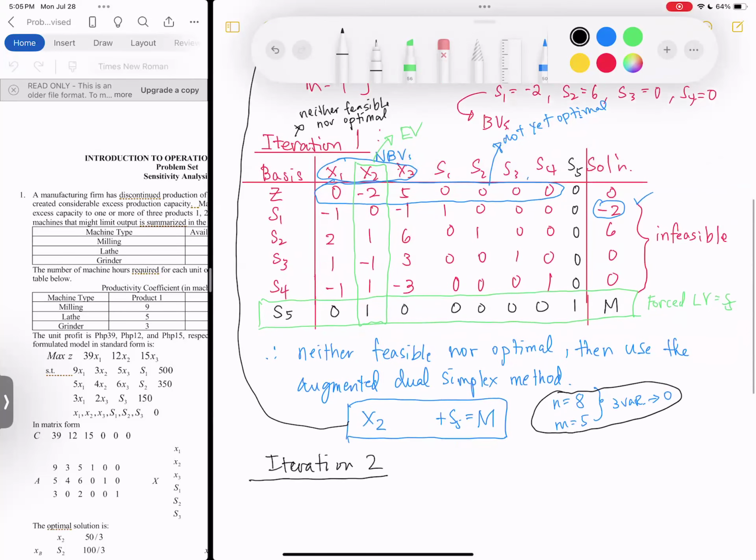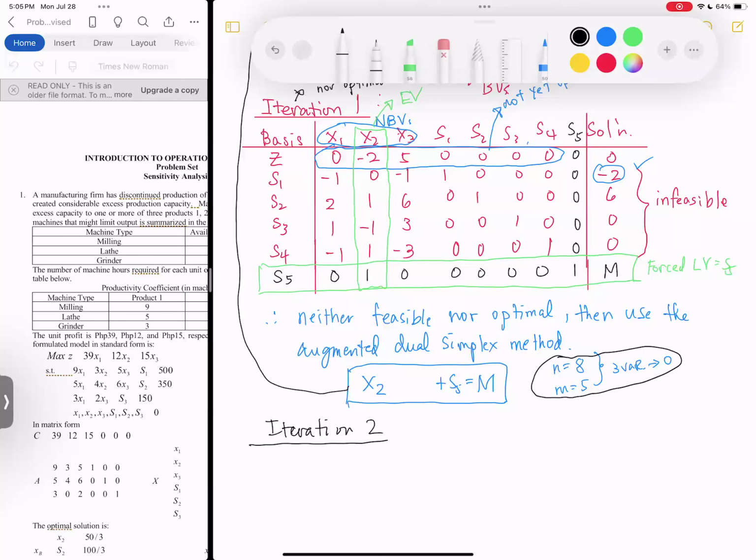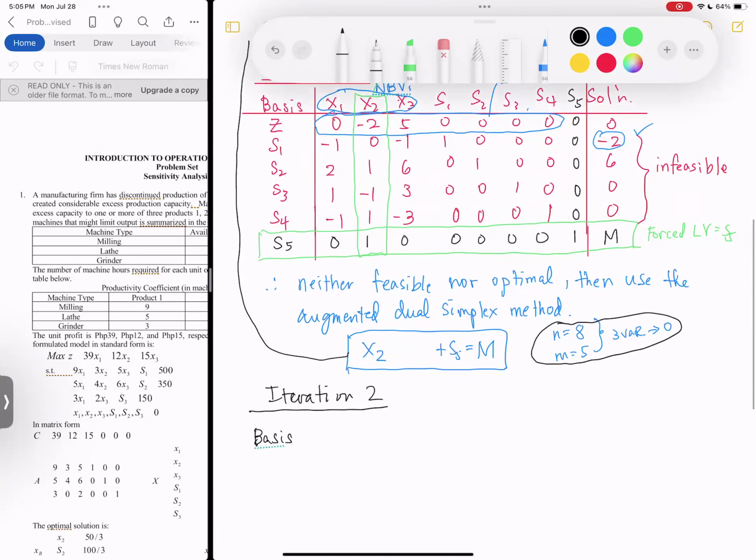And then let's do iteration 2. Okay, basis. Okay, so now it's nothing new anymore, no? Because you have entering and leaving variable, you know what to do. Gauss Jordan, right?